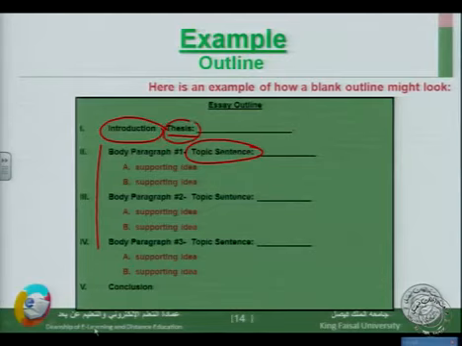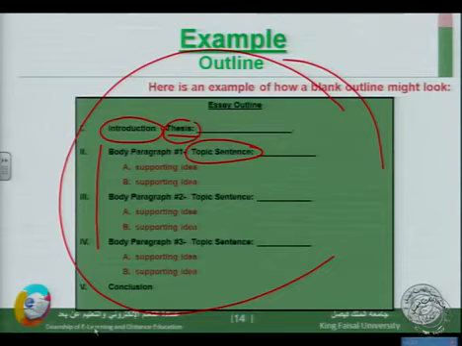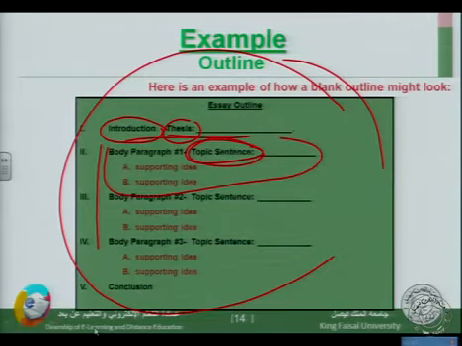We said the thesis statement is the main idea for the whole essay, while a topic sentence is the main idea for one body paragraph. For each body paragraph there is a topic sentence, and for each topic sentence there are supporting ideas. Supporting ideas can be facts, examples, details, and so on.